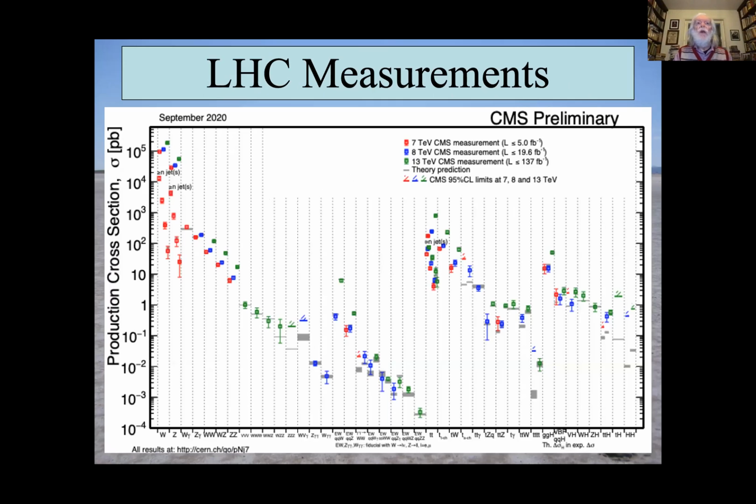Here you see a plot of many of the LHC measurements that have been accumulated over the last decade. And the good news, or is it the bad news, is that all these measurements agree very well with the standard model. The different colored marks correspond to measurements by CMS at different center of mass energies, and the gray bars correspond to the theoretical prediction, and there's no significant discrepancy.